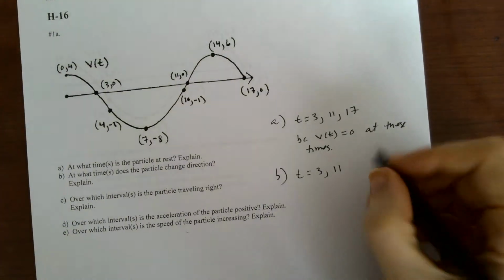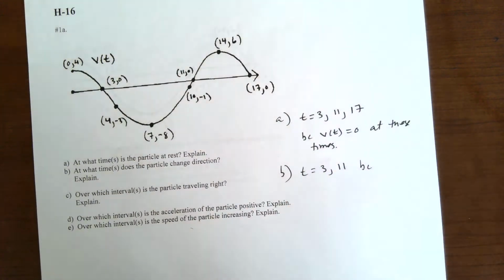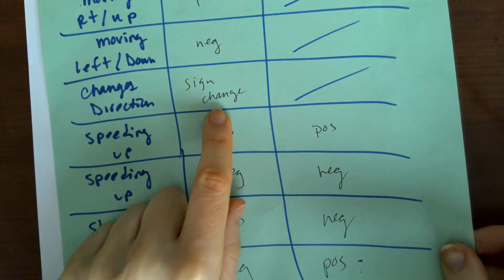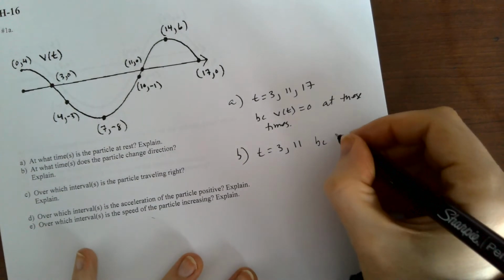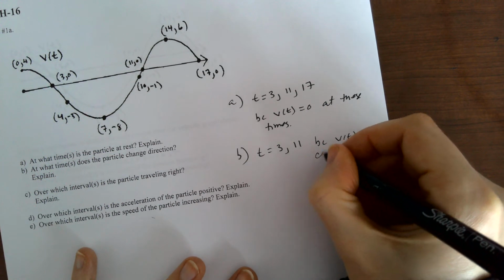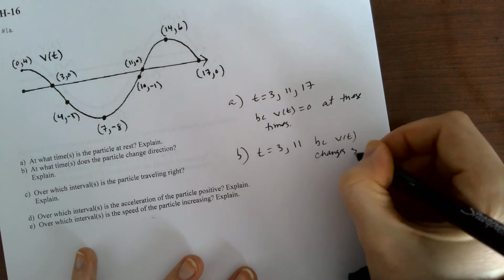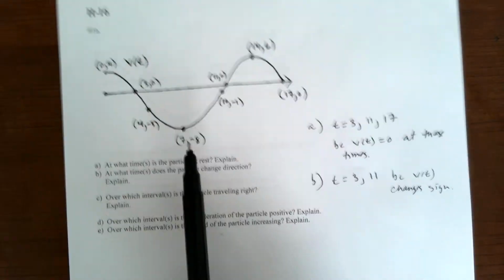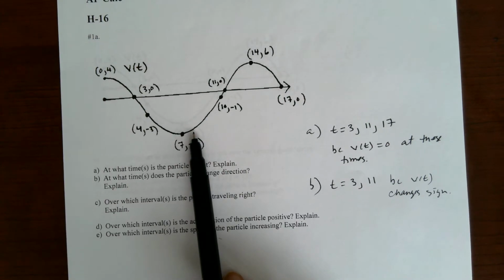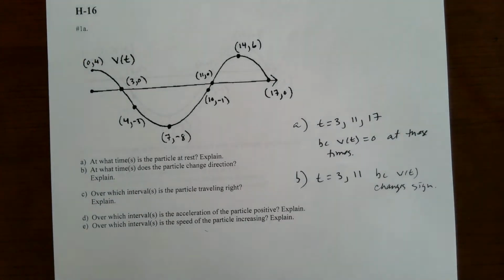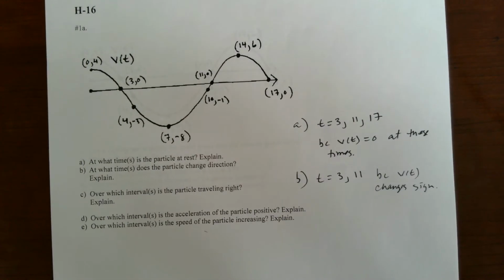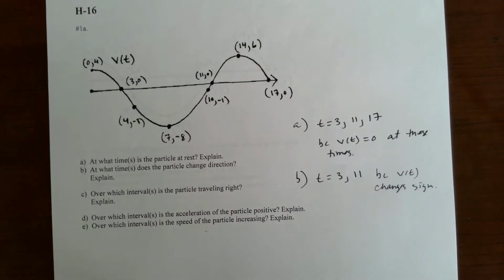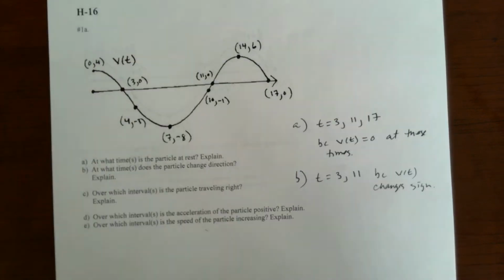All right, and then they say why, and I'll say because v of t changes sign. Notice, since we are given the graph of velocity, our explanations need to end with because something about velocity, all right?